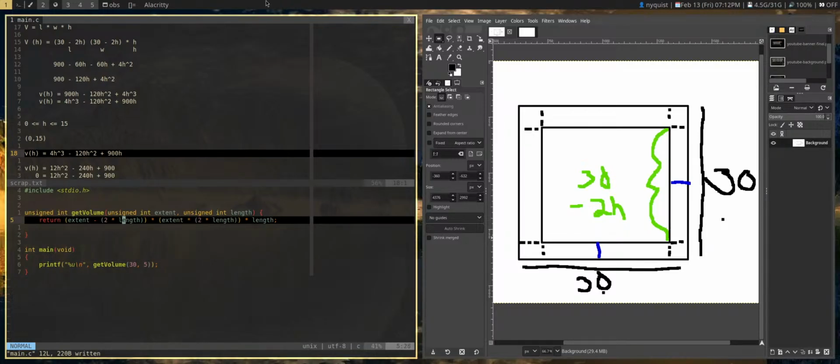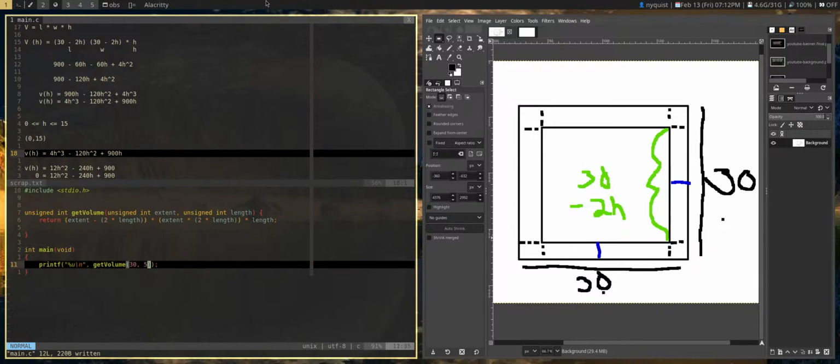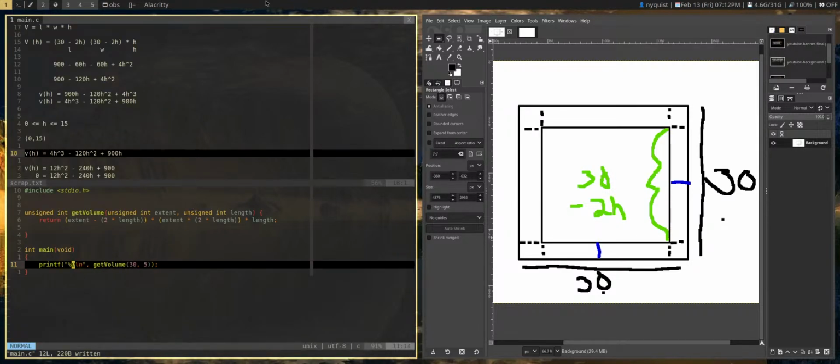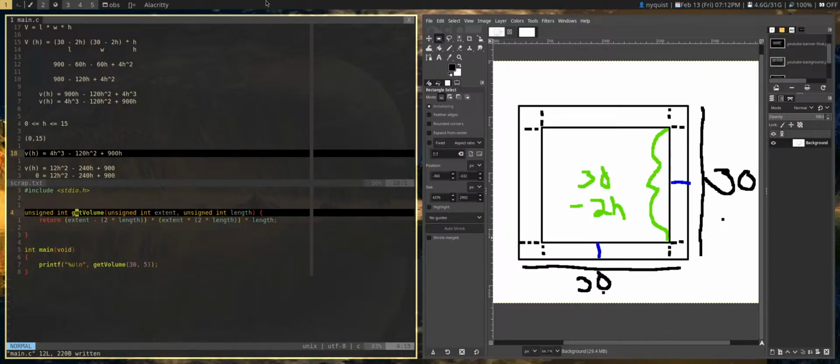30 minus 2 times h times 32 times h times h. Still incorrect. So what? L is for long, but something is still wrong.